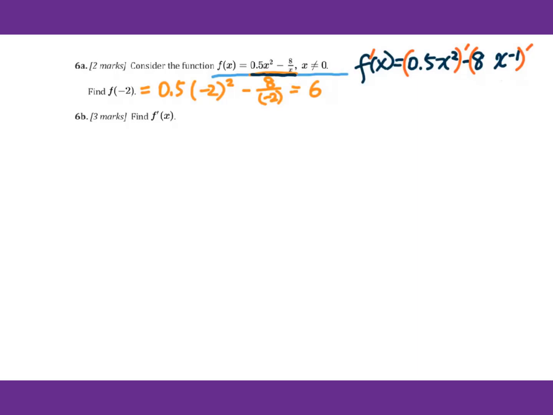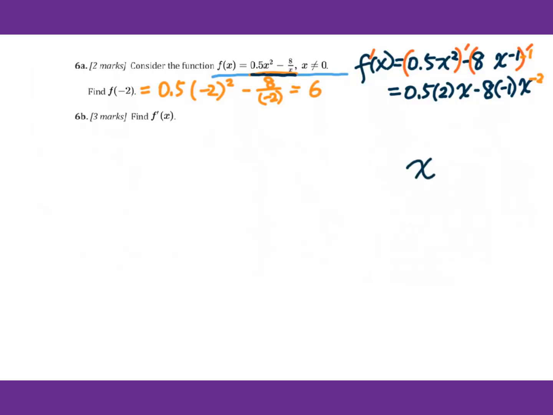Drop down the exponent: 0.5 times 2x minus 8 times negative 1, then x to the negative 1 minus 1, that is negative 2.